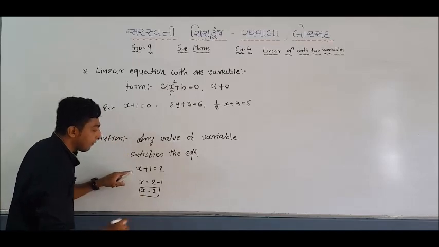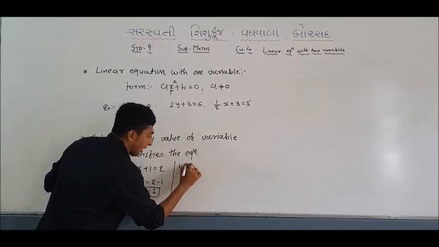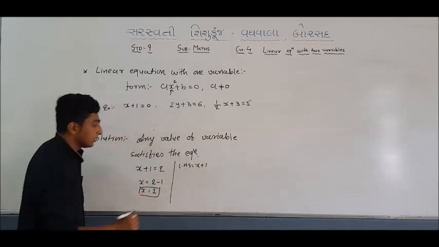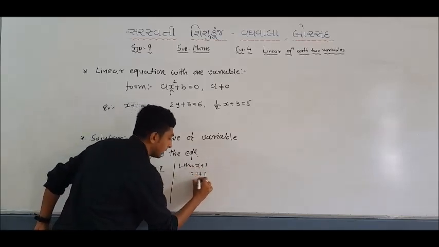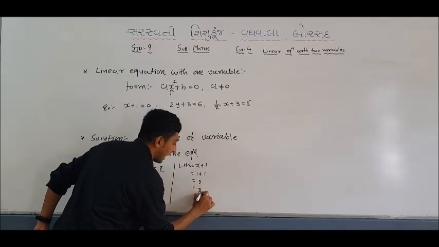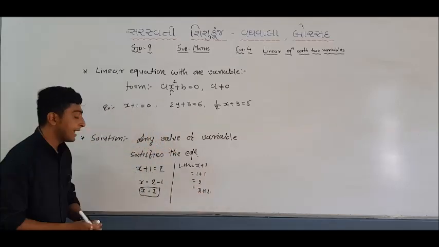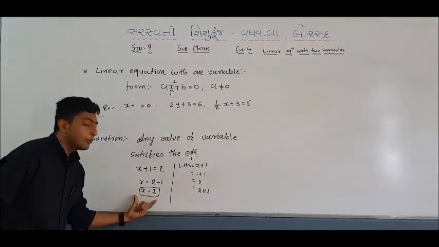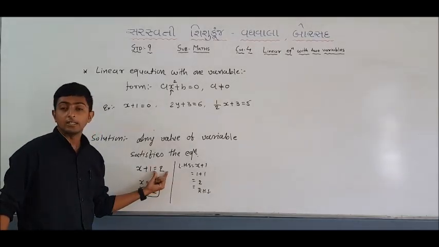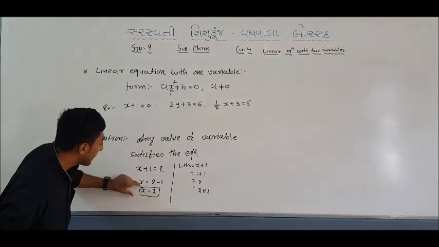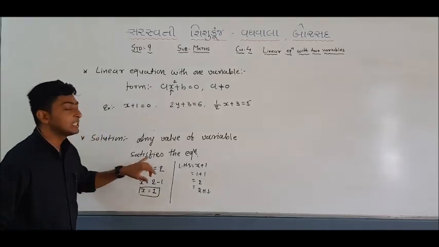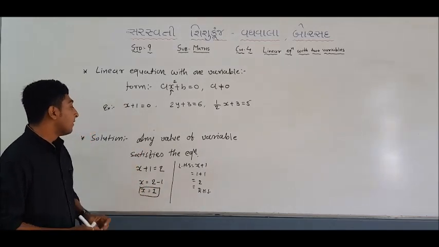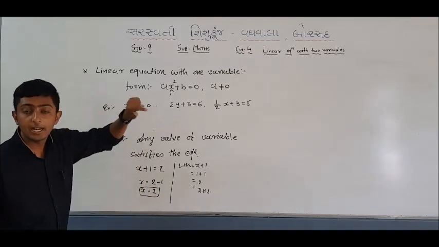Now if I substitute x = 1, then 1 + 1 = 2, which equals the RHS. So left hand side equals right hand side. So x = 1 satisfies the equation, and x = 1 is a solution of the given linear equation.